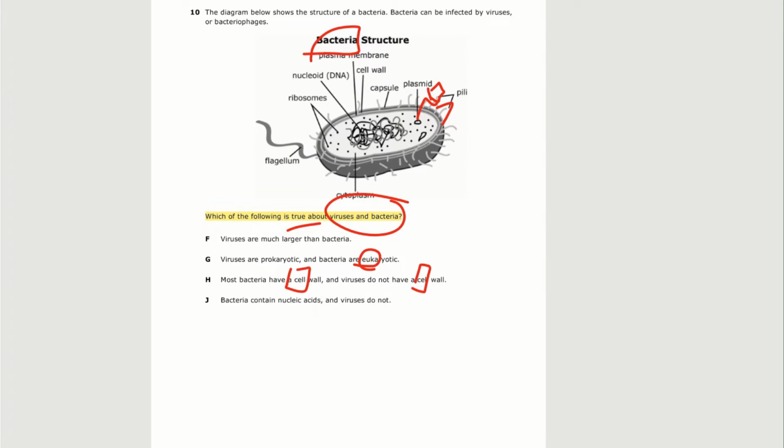Bacteria have cells. Are viruses cells? Are they alive? No. So then that is true. Bacteria contain nucleic acids and viruses do not. Well, nucleic acids, didn't we just say in the last one that they both have DNA or RNA? Hello. So then the answer is H.